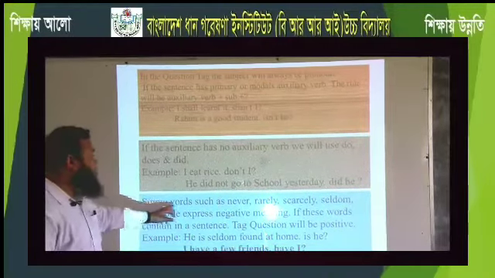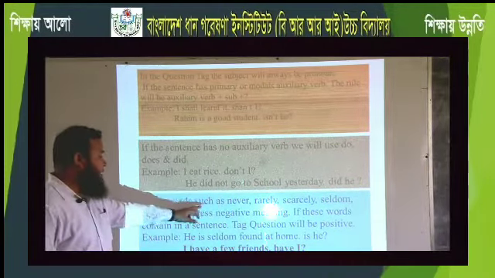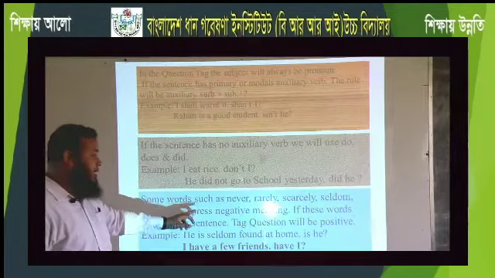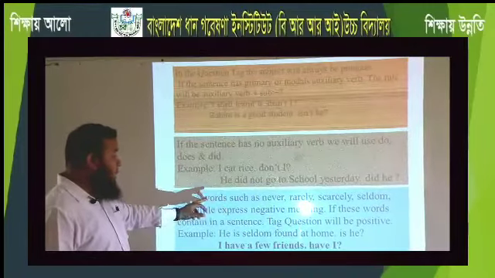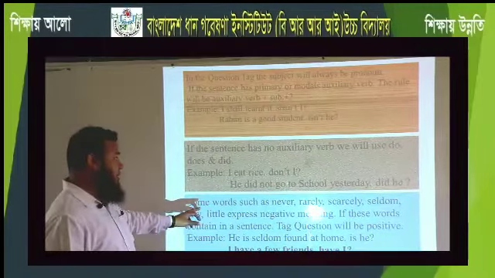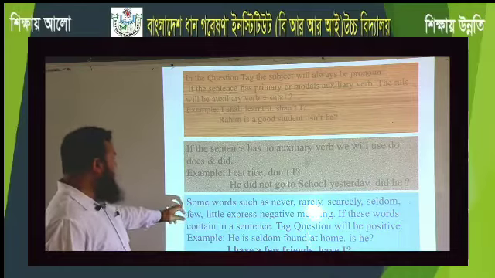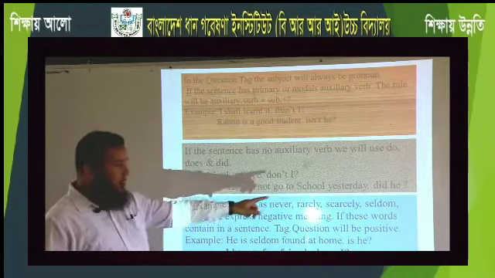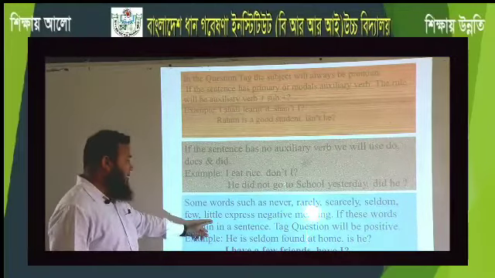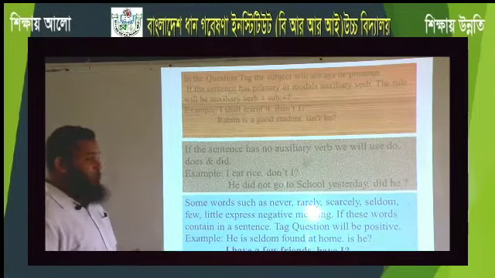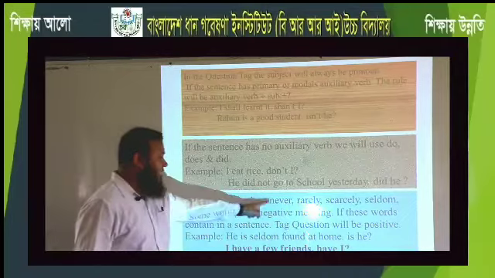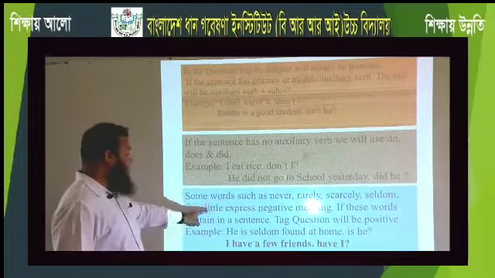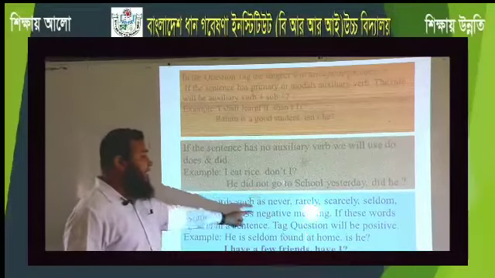Dear students, remember these words, because these topics are very important and are usually very common in your SSC exam or in your school exam. Some words such as never, rarely, scarcely, seldom, few, little express negative meaning.